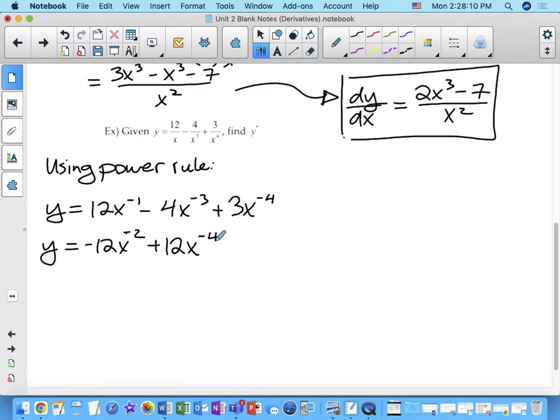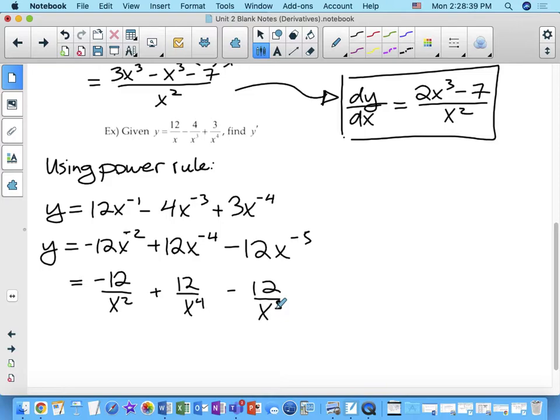And negative 4 times negative 3 is minus 12x to the negative 5. Okay, and then we're going to want to write those exponents as being positive again. So this is now going to be negative 12 over x squared plus 12 over x to the 4 minus 12 over x to the 5.